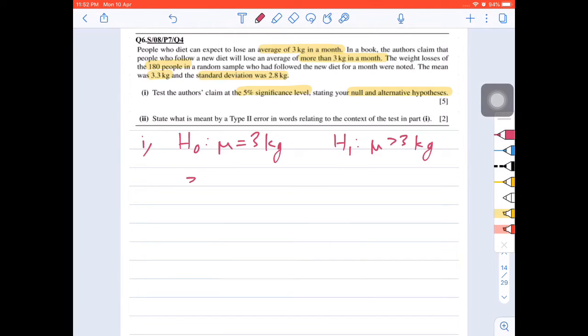Now we'll use the sample to find the test value. That will be the mean of the sample, 3.3, minus the H0 mean, upon the deviation, 2.8, upon root of the sample size.